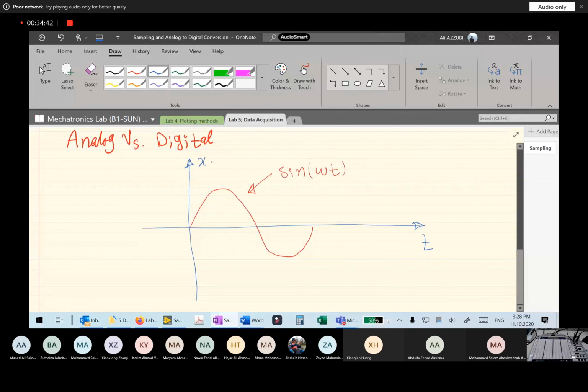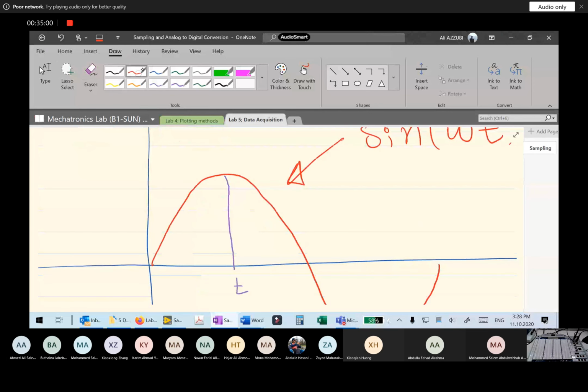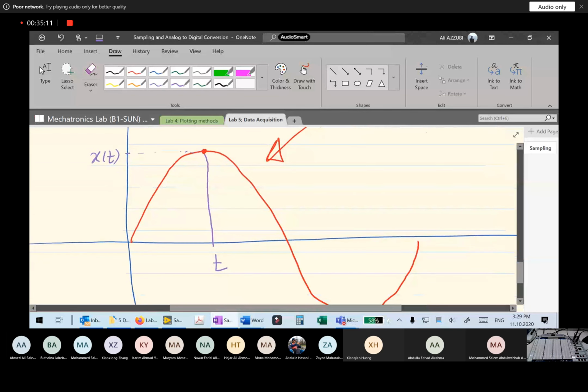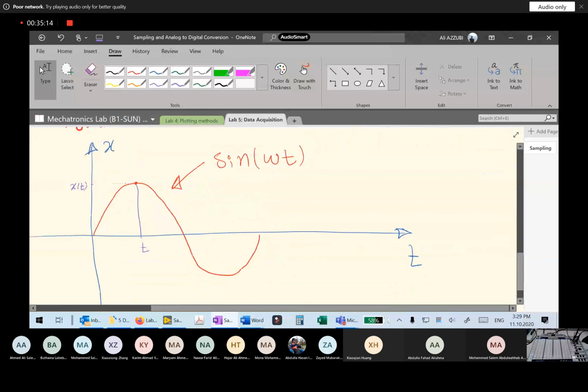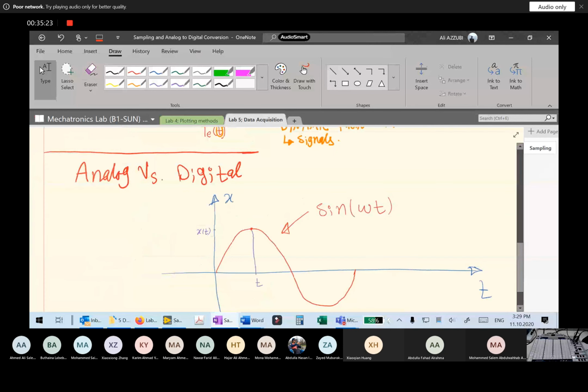And this is x as a function of time. At a generic point of time t, you have a value of that signal, x of t, and this is true for all values of t. Basically this is a property of analog signals.